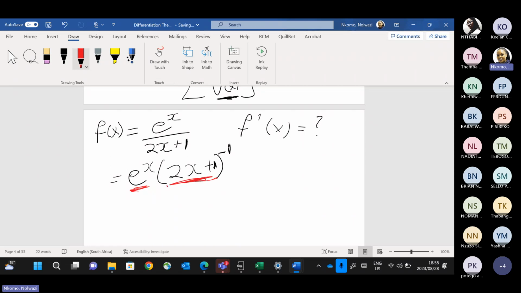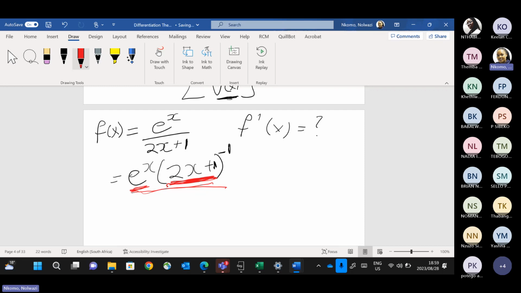But you see, when you want to find the derivative of this function, you need to apply the chain rule, right? So this means if you choose to simplify this function, make it in this form, and then apply the product rule, you'll have to apply another rule, which is the chain rule, and that will delay you.